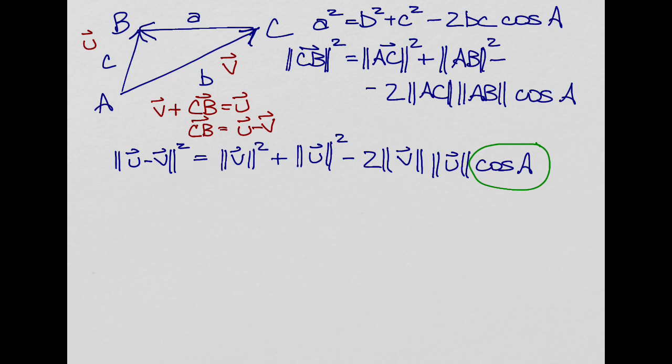Instead of the magnitude of u minus v squared, I can rewrite this as the dot product of u minus v, not u minus u, then it's 0 and we're done, dot product with itself equals, well, the magnitude of v squared, I can rewrite that as the dot product of v with itself. And same thing for the magnitude of u squared, it's the vector u dot product with itself.